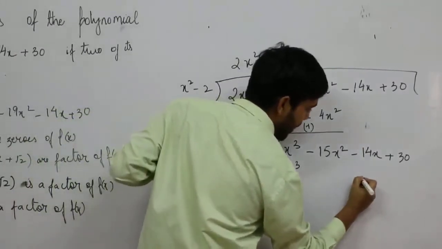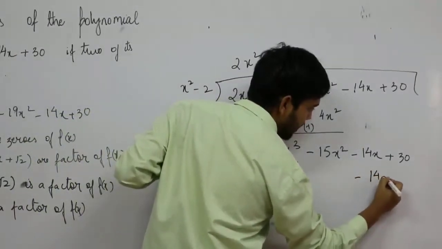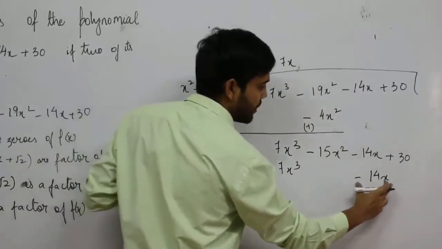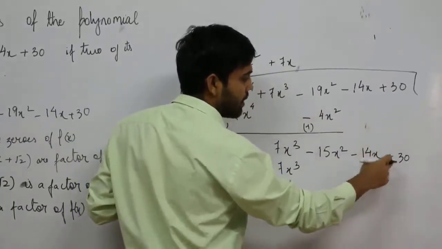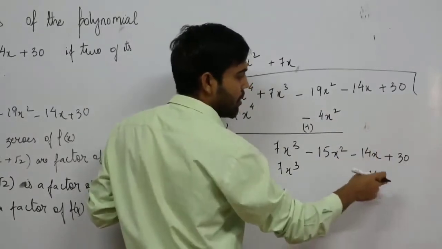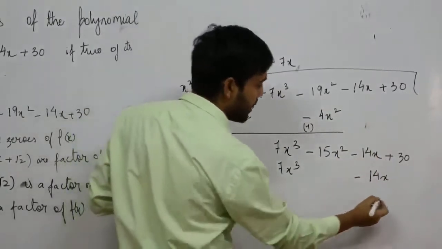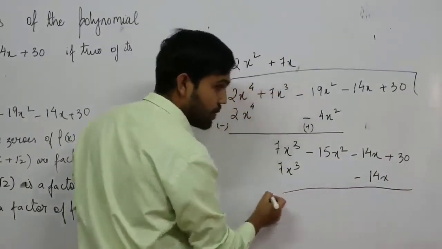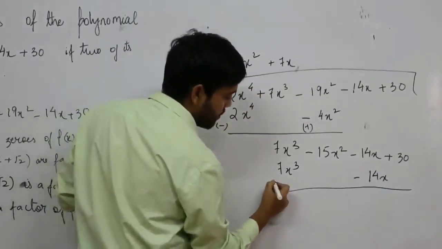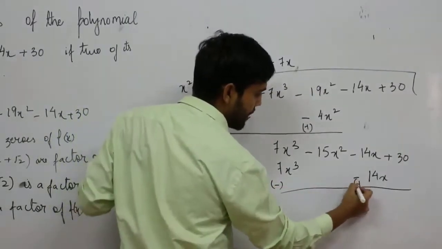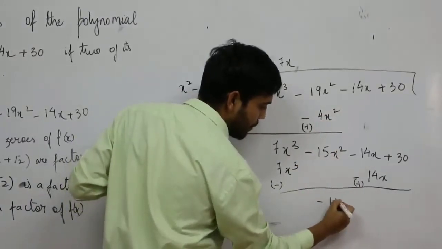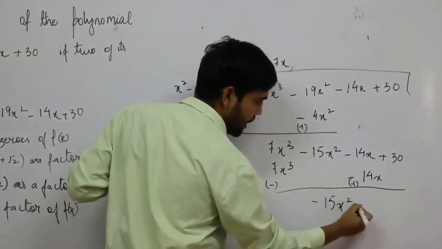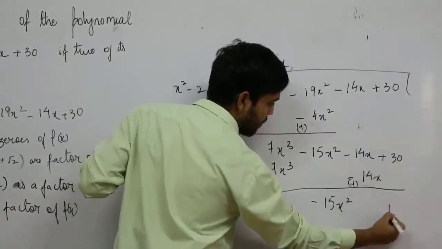Again I am writing this minus 14x because my intention is to bring the terms which have common powers of x together. So I do the calculation. This will be plus, these things will get cancelled, and I am left with minus 15x squared and plus 30.